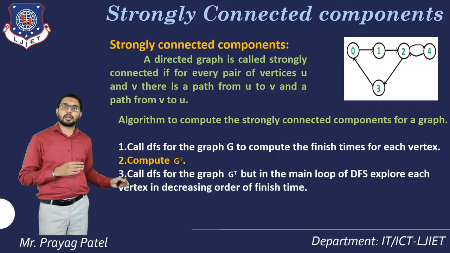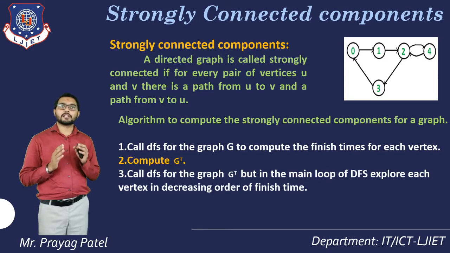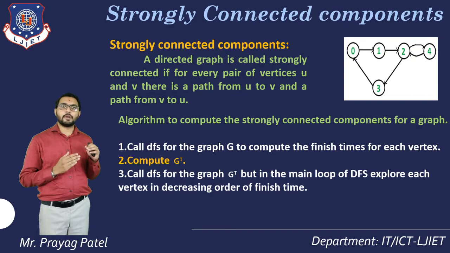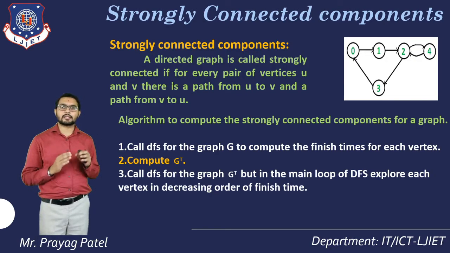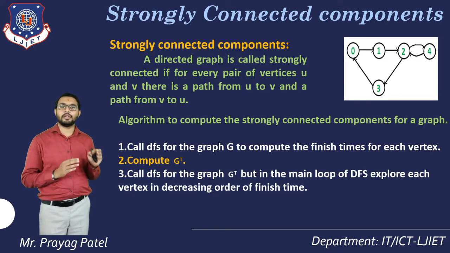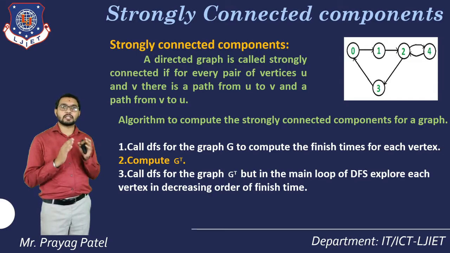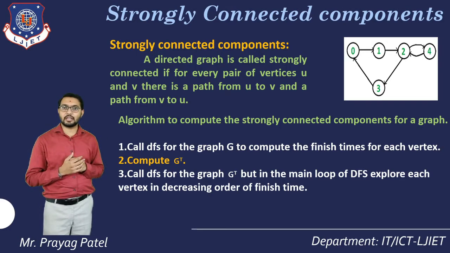Now step number 3, call the DFS for the graph GT, but in the main loop of DFS, explore each vertex in decreasing order of finishing time. Means in the first step, we apply the DFS and find the starting time and finishing time of each and every node.